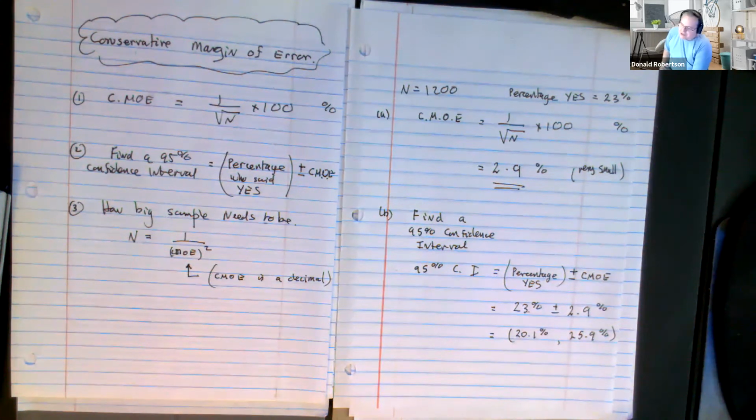Do you know there's 3 typical confidence intervals? This is the only one you're going to deal with. Later on, you'll see the other 2. What percentages do you think they might be? So this is a 95% confidence interval. What kind of numbers do you think the other 2 confidence intervals might be? 80%.